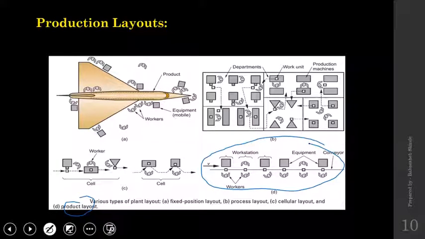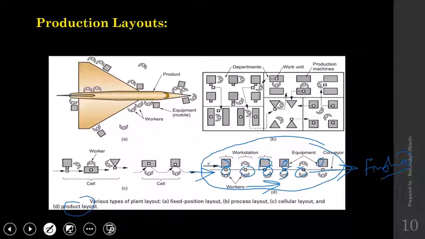In case of product layout, we arrange machines in such a way that we follow the sequence of operations. Meaning if you have done facing, next you want to go for turning, the machines will be arranged in such a way that the product will enter from one side and it will be operated on different machines in a sequential manner, and on the other side you will get the finished product.